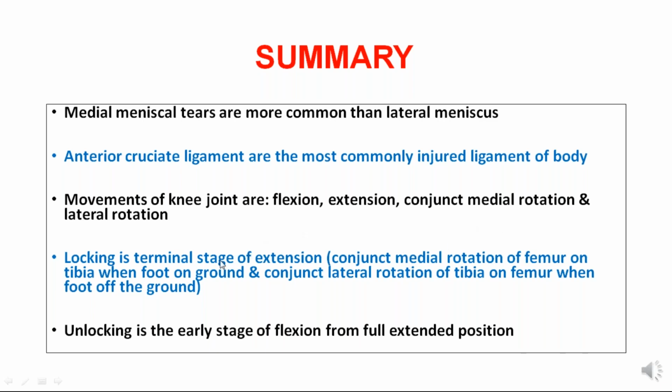Locking is the terminal stage of extension, which involves conjunct medial rotation of femur on tibia when the foot is on the ground, or lateral rotation of tibia on femur when the foot is off the ground. Unlocking is the early stage of flexion from the full extended position, and it involves the opposite movements of the locking mechanism. Thank you, students.